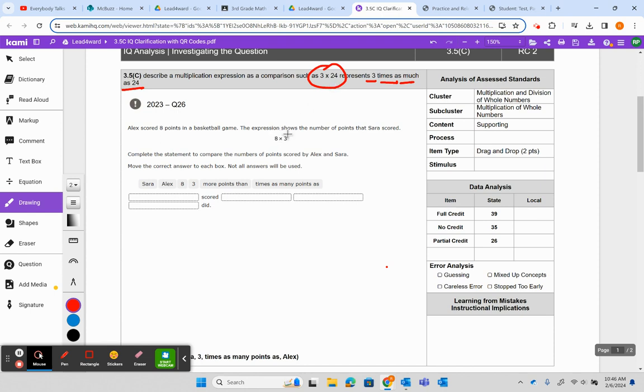For example, 8 times 3 could be 8 equal groups of 3, or 8 times as much as 3. Or you can see it the other way, as 3 equal groups of 8.